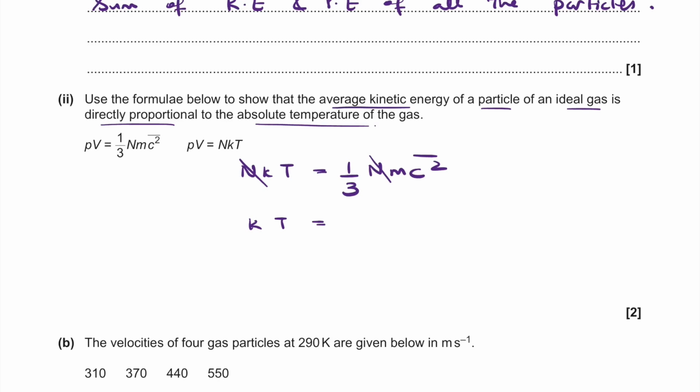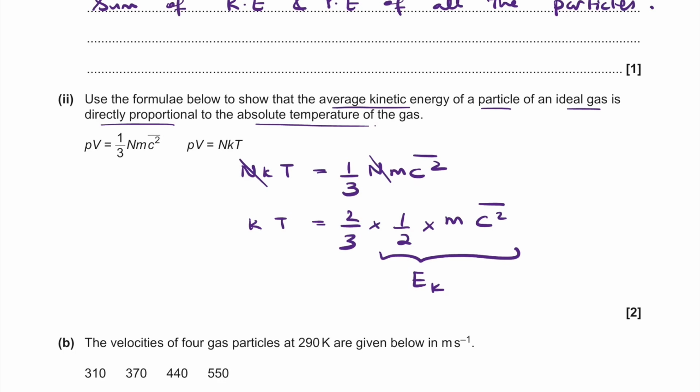Now, if we want to introduce kinetic energy, that means we would have to essentially make half m c squared. That means we would have to times it by 2/3 in order to introduce that, because we have 1/3. You can see that the 2 and 2 will cancel out mathematically, but it's essential to introduce that 2/3 because we want to rewrite half m c squared as kinetic energy.